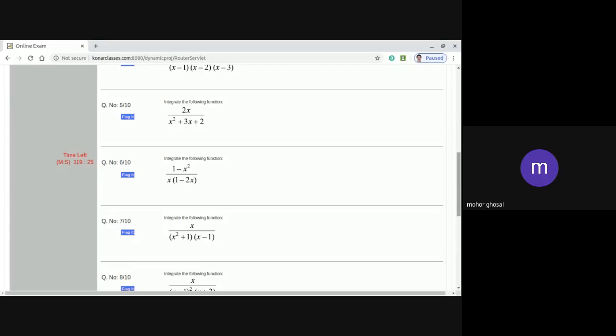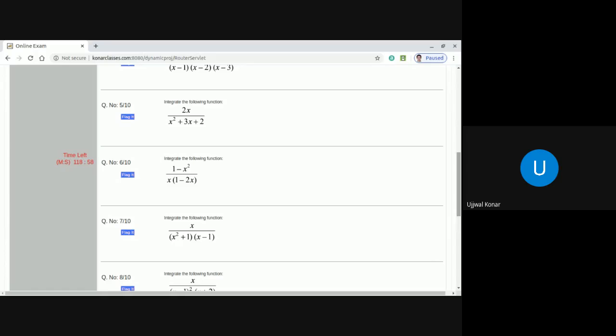Two. So what should we do? Divide, definitely, using Euclid's division lemma, right? If you divide, then finally the numerator will be a linear polynomial and the denominator will be a quadratic polynomial, isn't it? Then you should proceed like this.